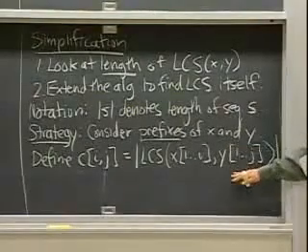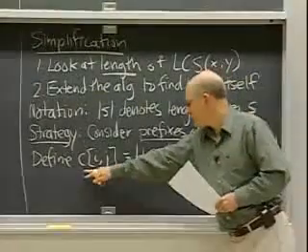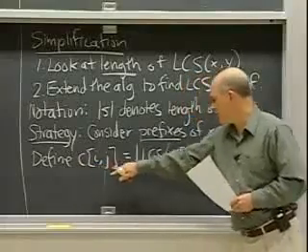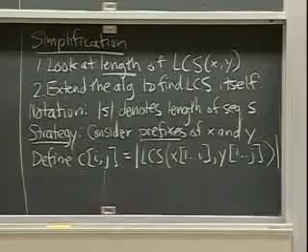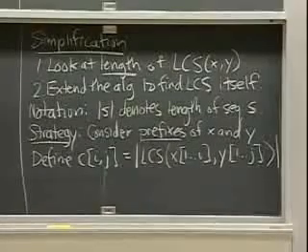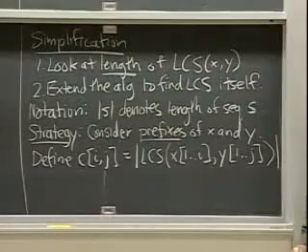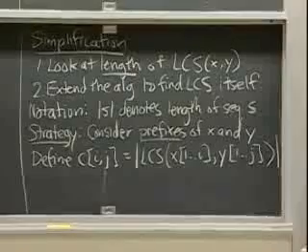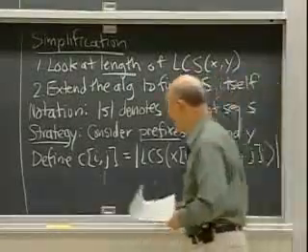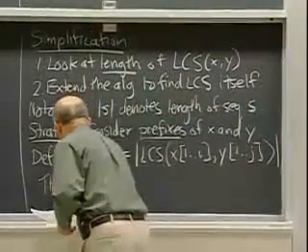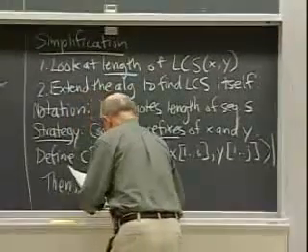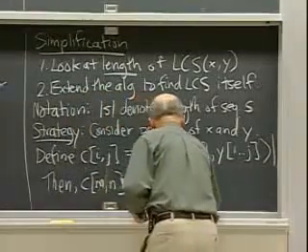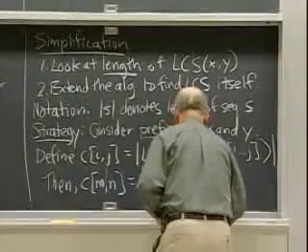How do we solve the longest common subsequence? Suppose we've solved this for all i and j. How then do we compute the length of the longest common subsequence of x and y? C of m, n. Yeah, C of m, n, that's all. Okay? So then C of m comma n is just equal to the length of the longest common subsequence of x and y.